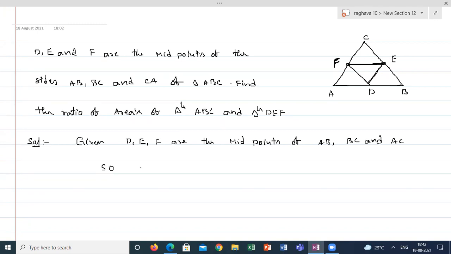So I can write, taking any one side, FE is parallel to AB, students, and FE is half of the AB. Will you agree? Yes, sir. FE is half of the AB.